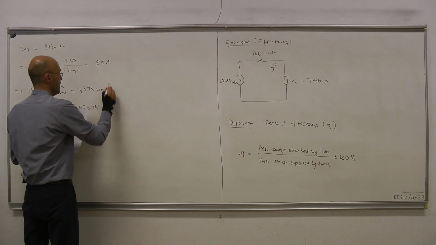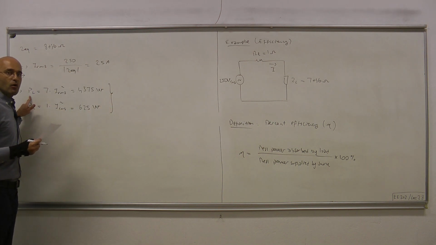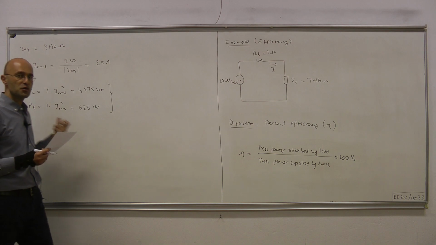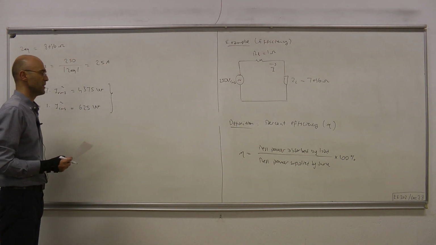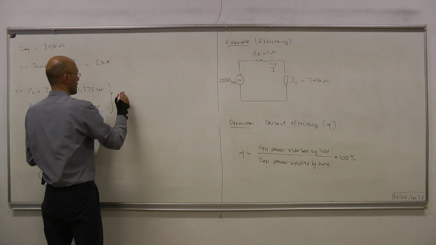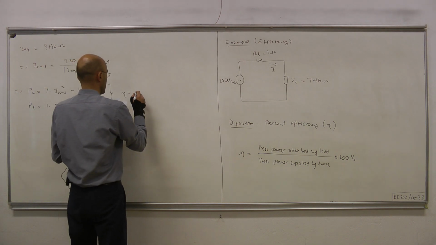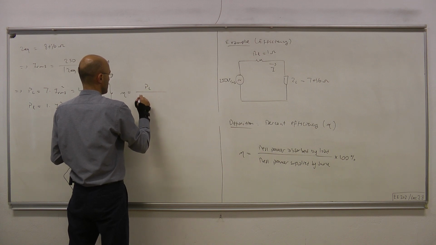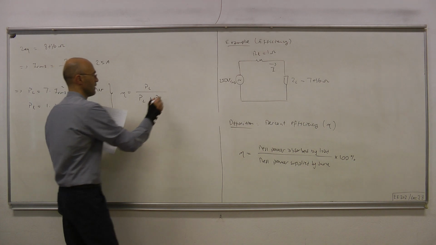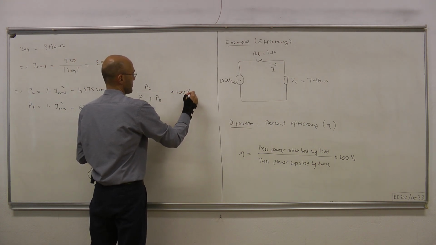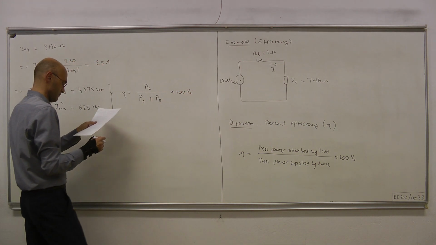Now we have the power of the load and the power lost during transmission. Hence, we can use that definition to compute eta as PL divided by PL plus lowercase p l, times 100%.